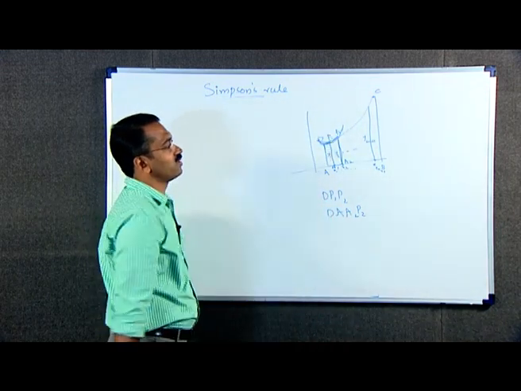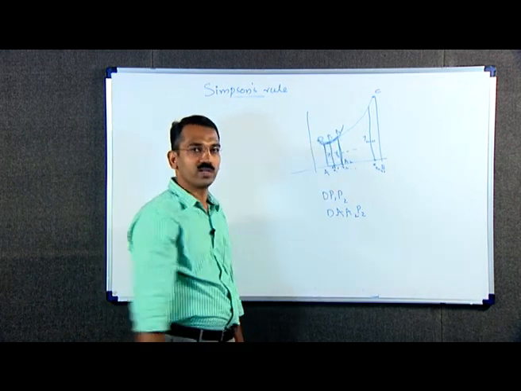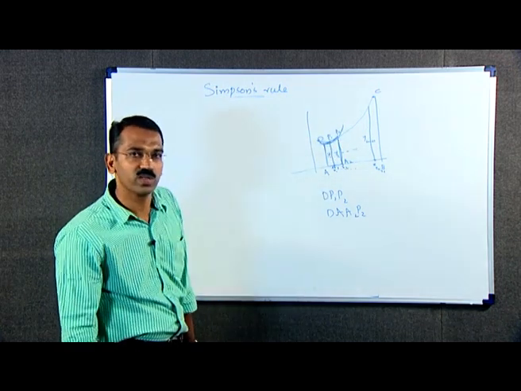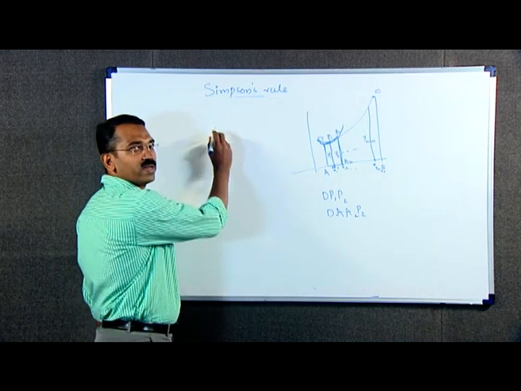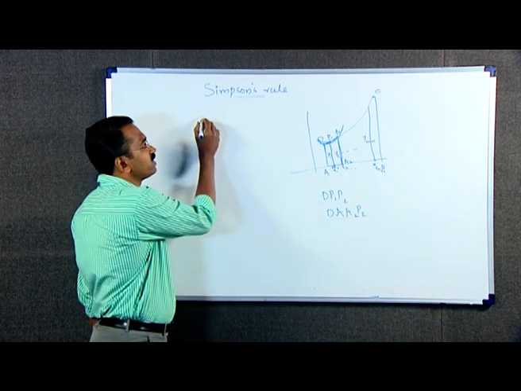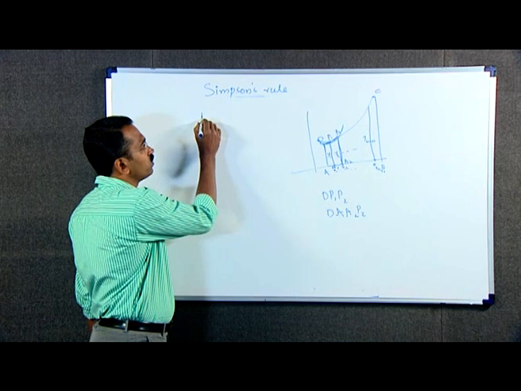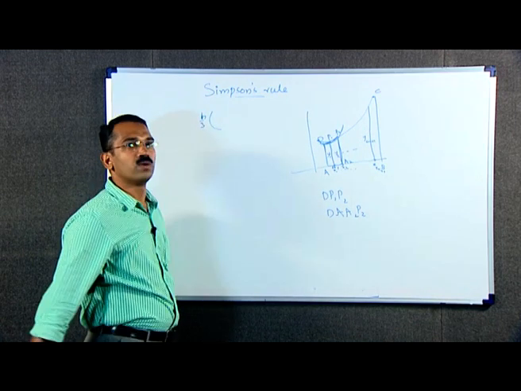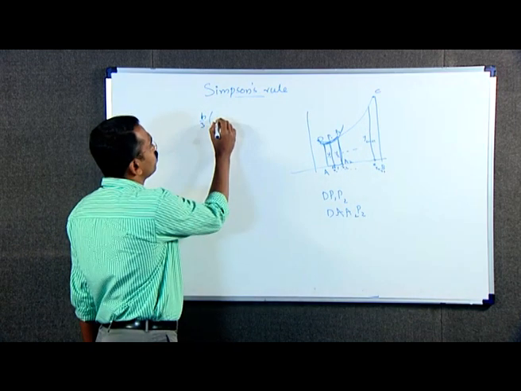The area under this parabolic arc, by applying the parabolic rule, we get as 1 by 3 h into y1 plus 4 y2 plus y3.